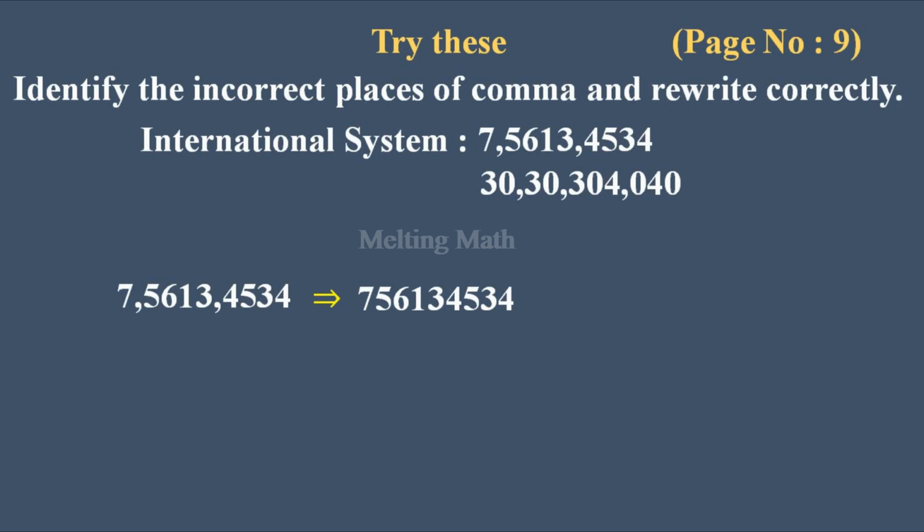Okay, so the last digit 4 comes under the ones place, next 3 is in the tens, next 5 is in the hundreds place, next 4 is in the thousands place, next 3 is in the 10,000 place, next 1 is in the 100,000 place, next 6 is in the million place, next 5 is in the 10 million place, next 7 is in the 100 million place. Okay, this is the place value of an international system.